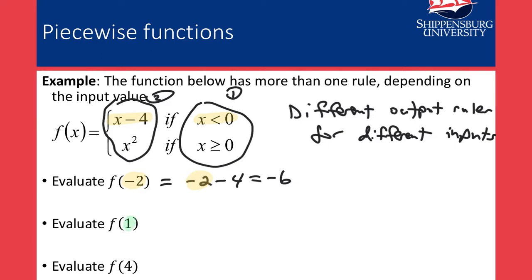Contrast that with the input number 1. When the input number is 1, the first condition, it's circled over on the right, x less than 0, is not true. 1 is not less than 0, but 1 is greater than or equal to 0. So the number 1 satisfies the second condition, so I would use the second output formula for evaluating the function.